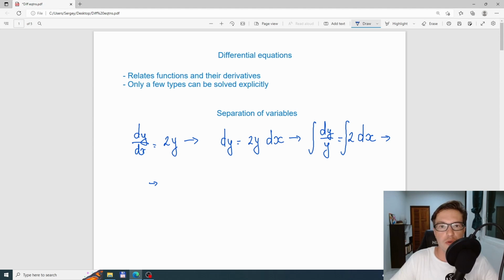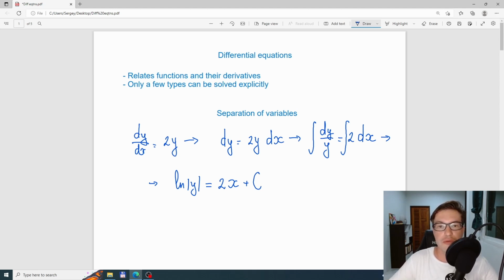Now the integral of 1 over y is going to be natural log y equals 2x. Then don't forget to add c, the constant of integration. And then usually you will have to express y in terms of x. So how do we get rid of a natural log?